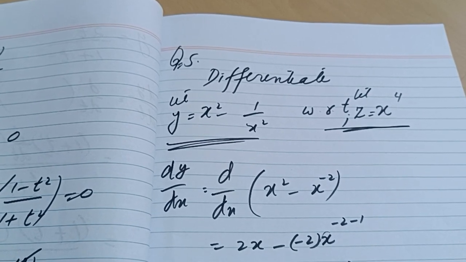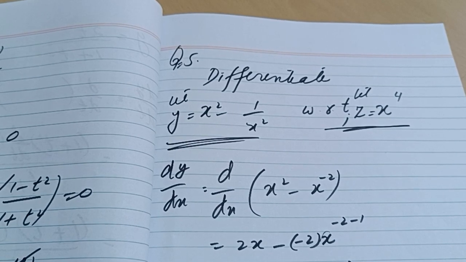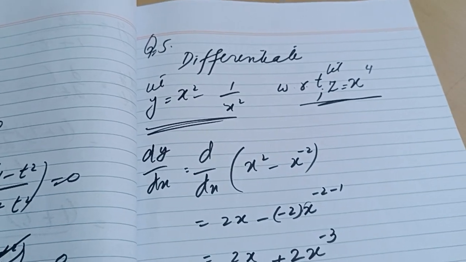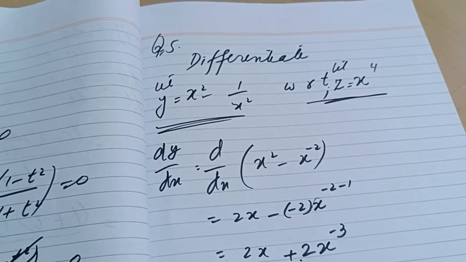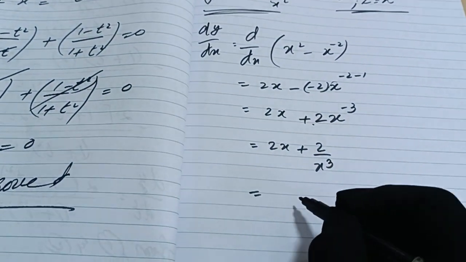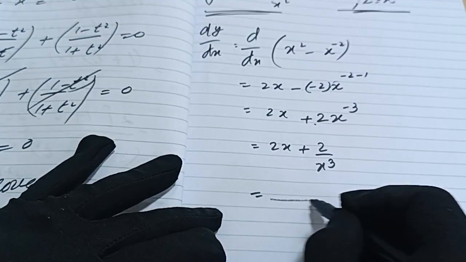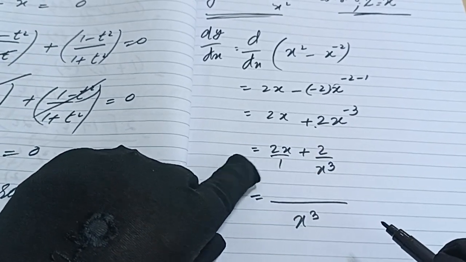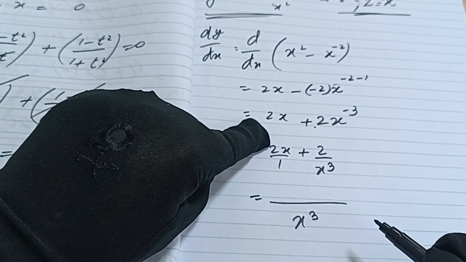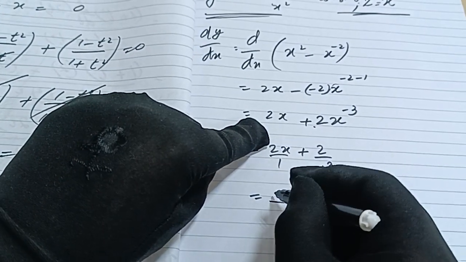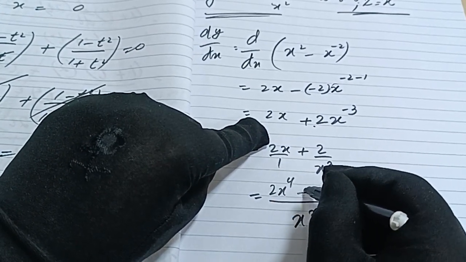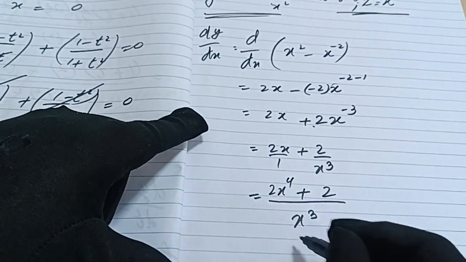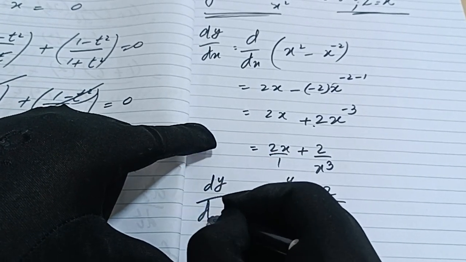It can be written as 2x plus 2 over x cube, because we have to write in one fraction form. So take the LCM: this has 1 as a denominator, so this full fraction will multiply to the numerator. x cube times 2x gives 2x power 4 plus 2. So this is one fraction, dy by dx.